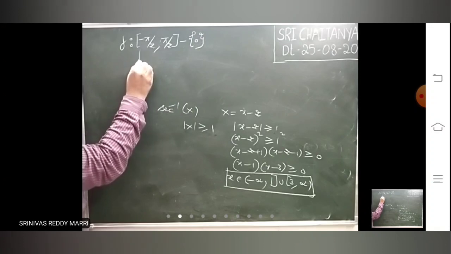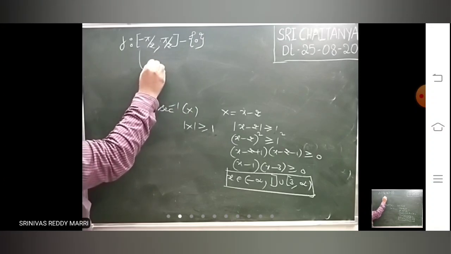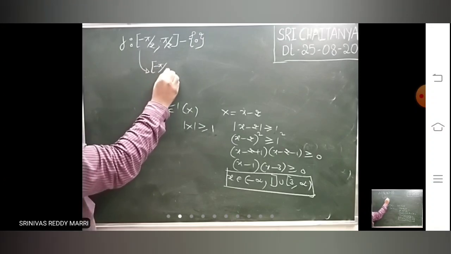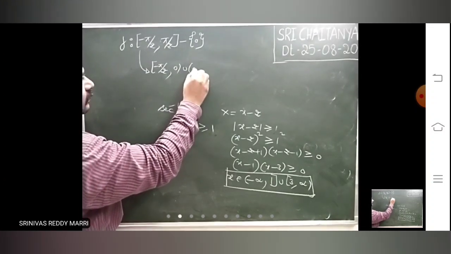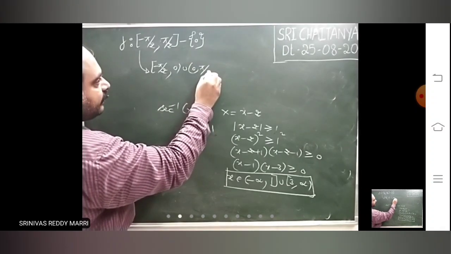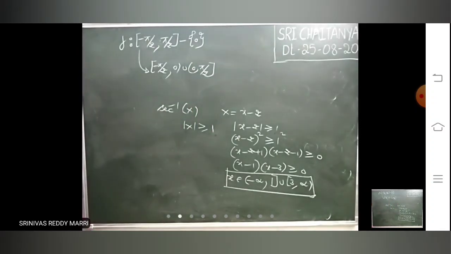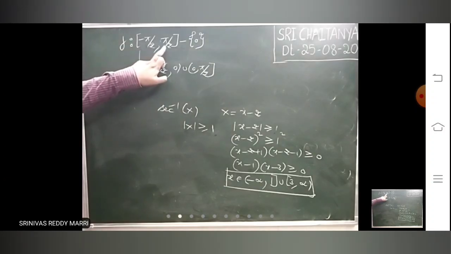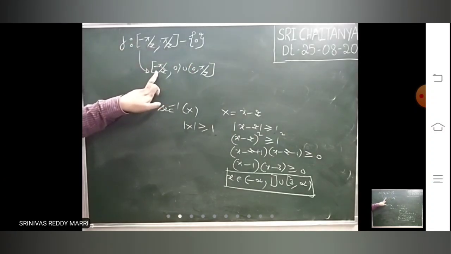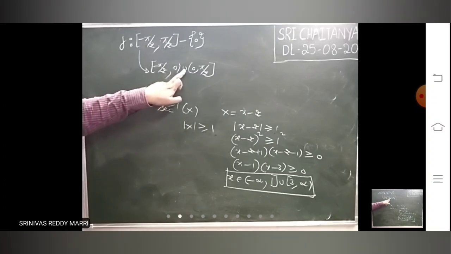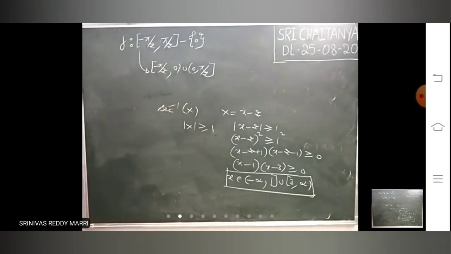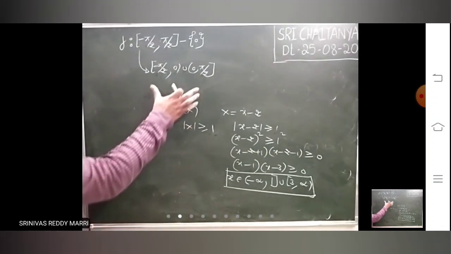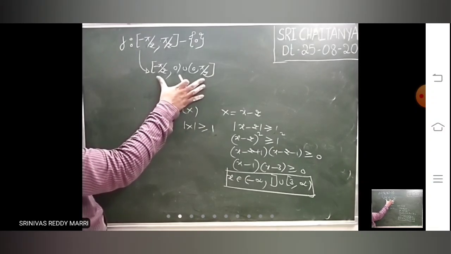That means in this interval 0 will not be there. This is the same as minus pi by 2 comma 0 union 0 comma pi by 2. That means between minus pi by 2 to pi by 2, 0 will not be there. All values except 0 will be there in this.